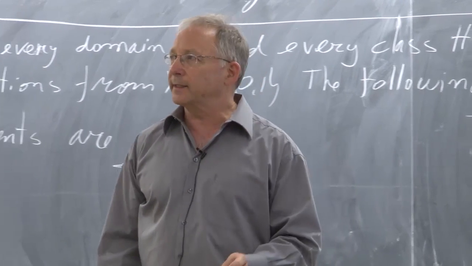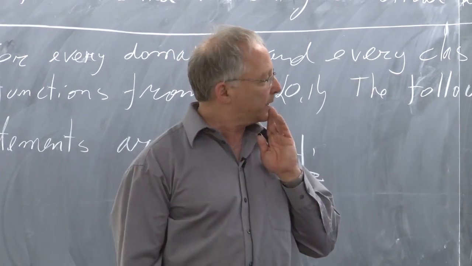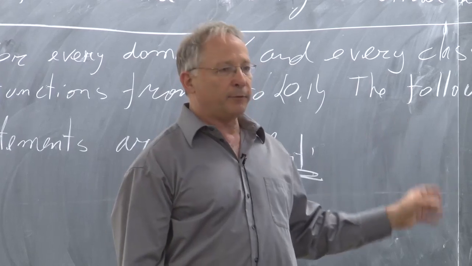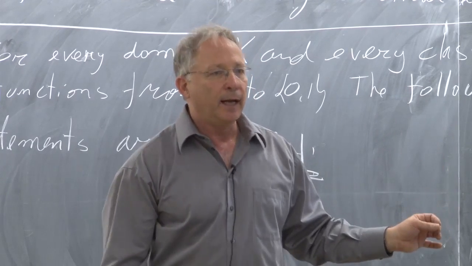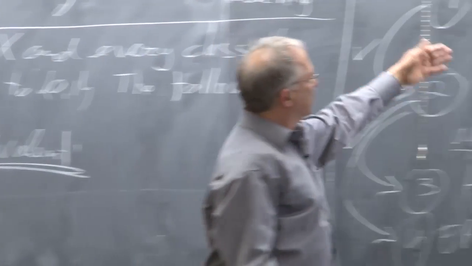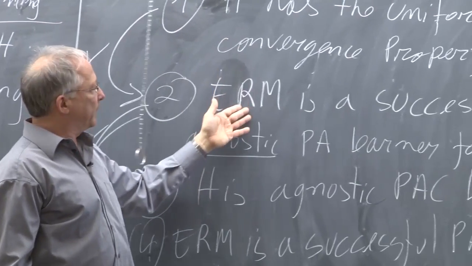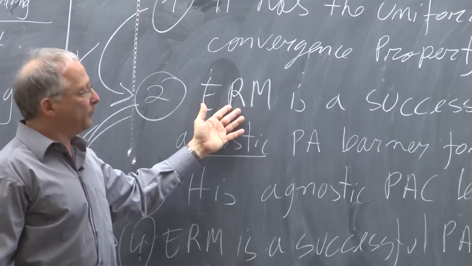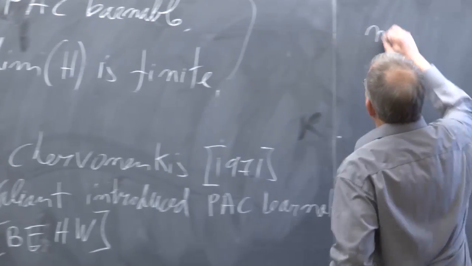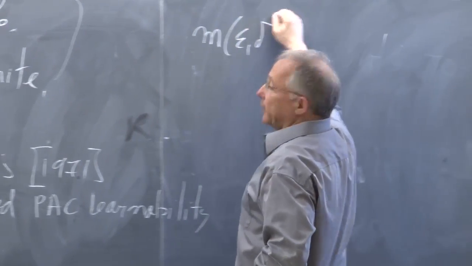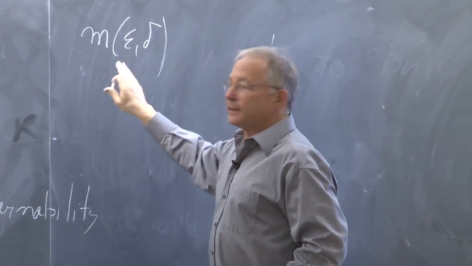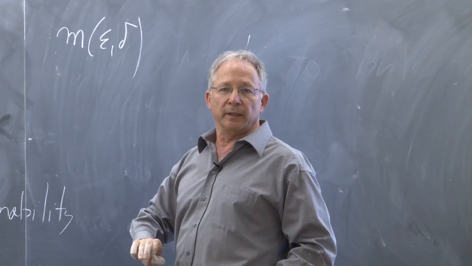And what we will also see, and I don't think I will do it today, is that we can have quantitative versions. Because all of those uniform convergence properties, PAC learning, have to do with a function. They talk about the existence of a function m of epsilon delta, which tells us how many examples we are going to need.